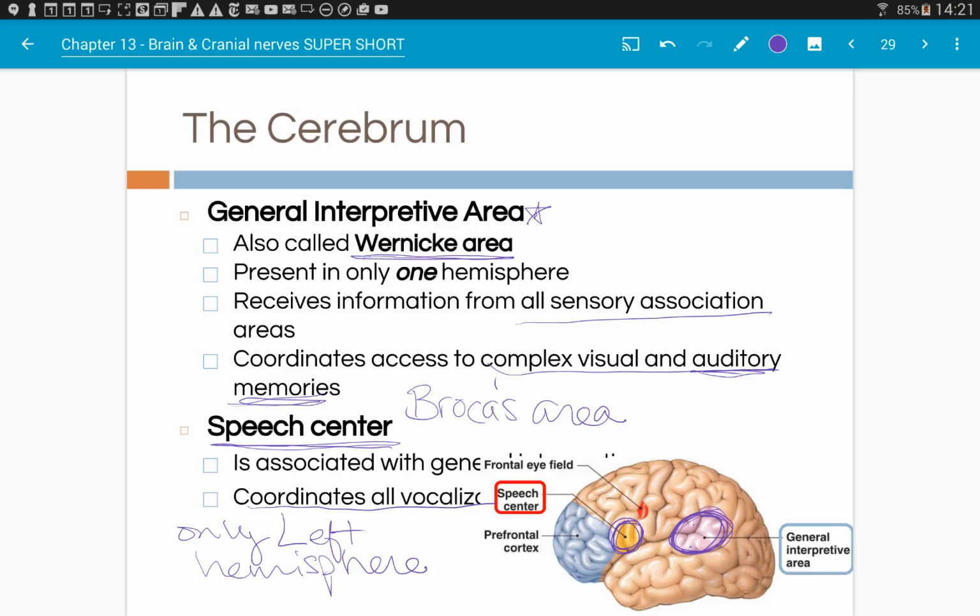So this helps you form the words that you want to say, and it helps you actually vocalize those words so it doesn't come out as gibberish. So if someone did have damage to this speech center, it may affect their ability to speak or be understood. And these two areas do have to work together. Okay.